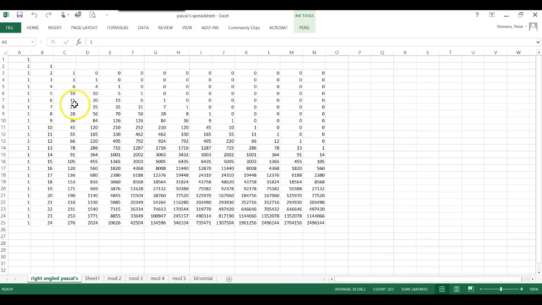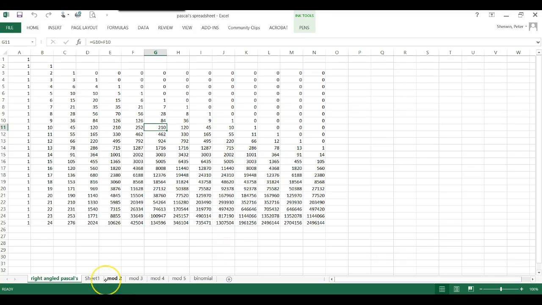And if I click on any one of these cells, every cell is equal to, for example, this one is E8, that cell there, plus D8, which is that one there. So the 35 plus the 35 gives us the 70. The 210 is made up of the 126 plus the 84. So it's very easy to just write a formula and fill down, and you can create a huge triangle.